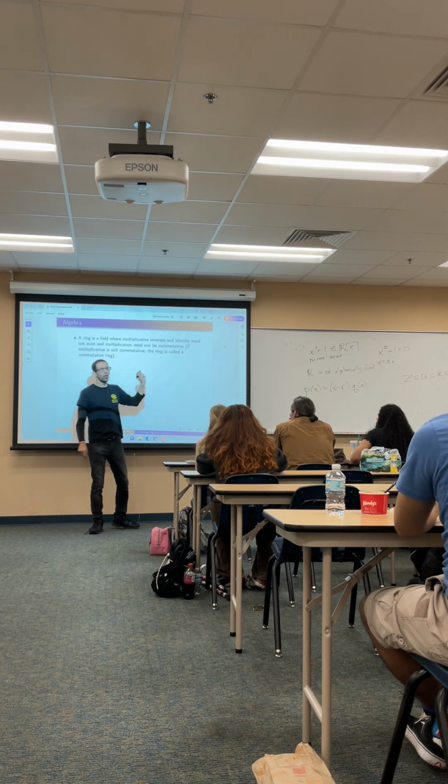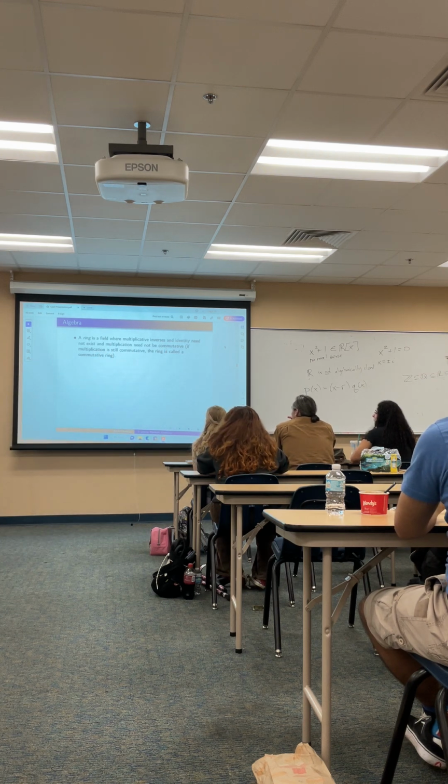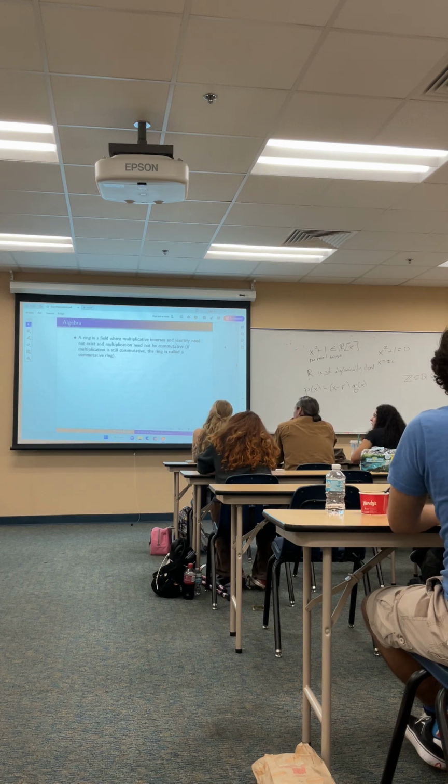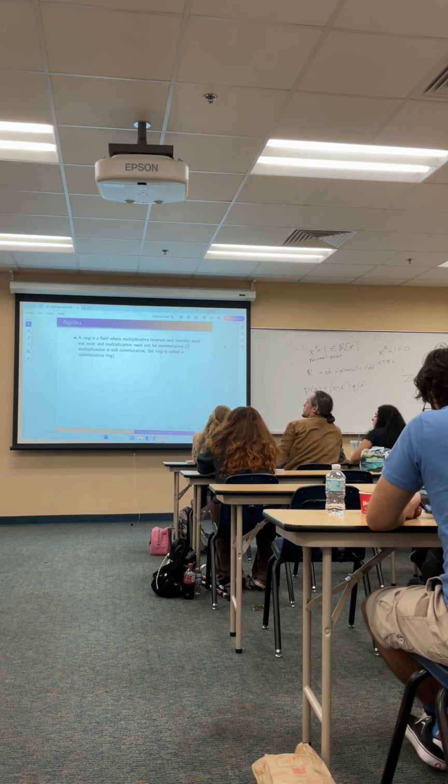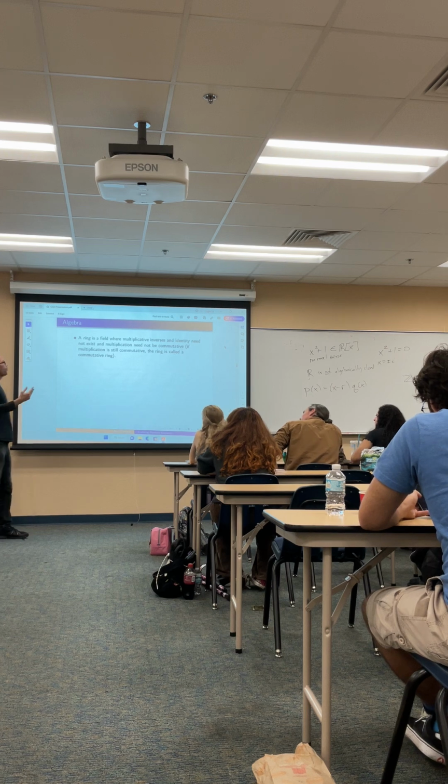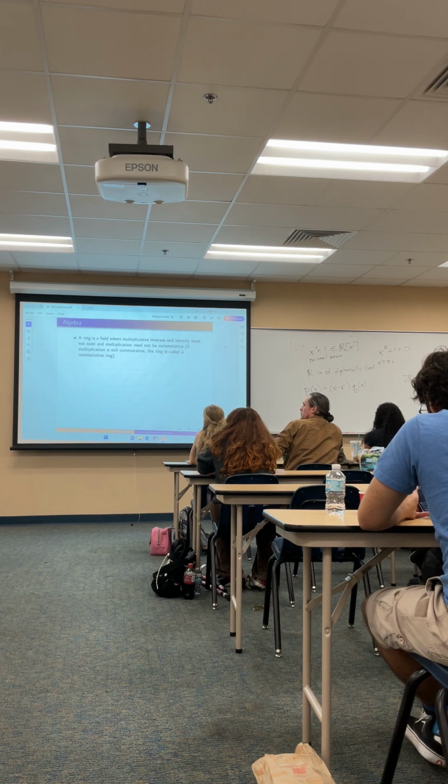So multiplication no longer has to be commutative in a ring, so maybe multiplying in different orders gives you different answers. So for example, the collection of say 3 by 3 or whatever dimension matrices, right? You know you can add matrices, you know you can multiply matrices, and if you multiply them in opposite orders, you don't expect to get the same answer, right?